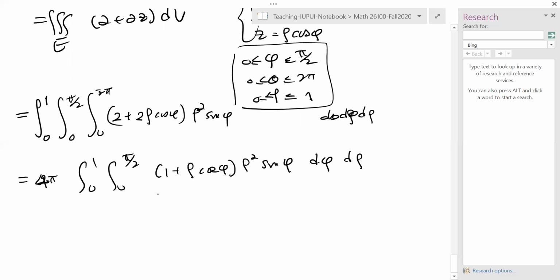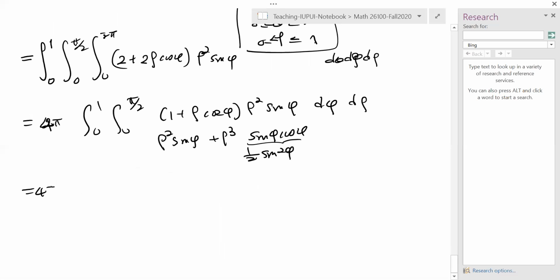You can multiply this out: rho squared sine phi, and here rho cubed sine phi cosine phi. Now sine phi cosine phi can be written as sine of 2 phi divided by 2, okay?